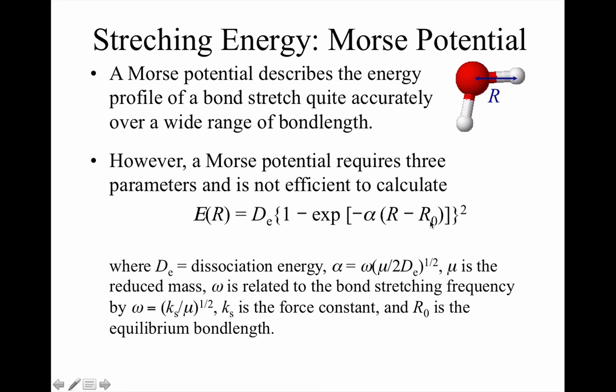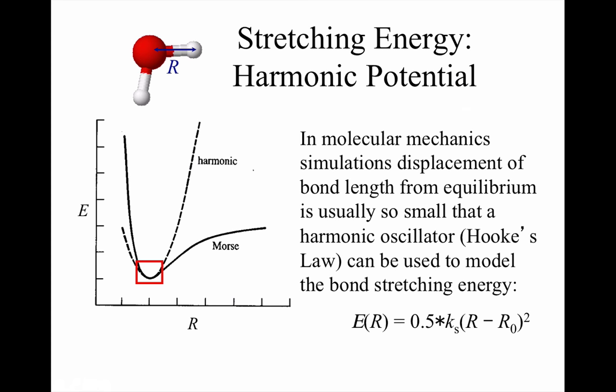Even though the Morse potential is not that complicated, it can in fact be made even simpler. If we look at the stretching energy of a chemical bond, in the situation where we are around the equilibrium position of the bond, which is the usual case for a chemical situation, then a second order Taylor expansion of the Morse potential, which gives rise to this harmonic function, actually reproduces the Morse potential quite well.